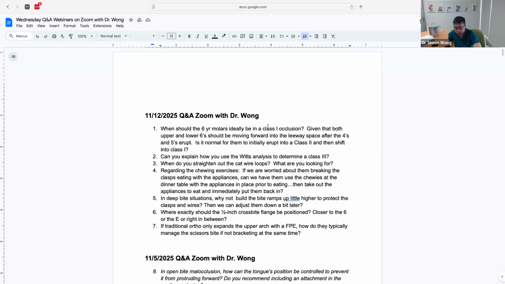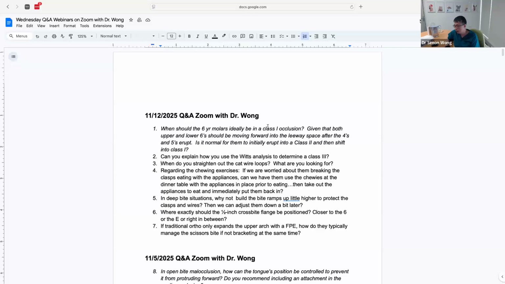So we have very specific primary dentition classifications that we follow, just like we have permanent molar classification in the permanent dentition.